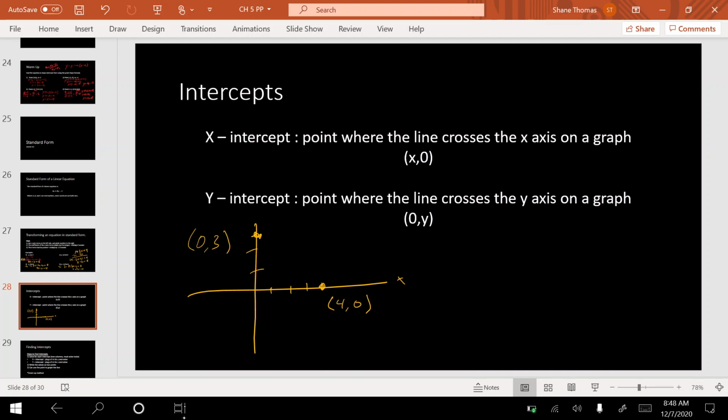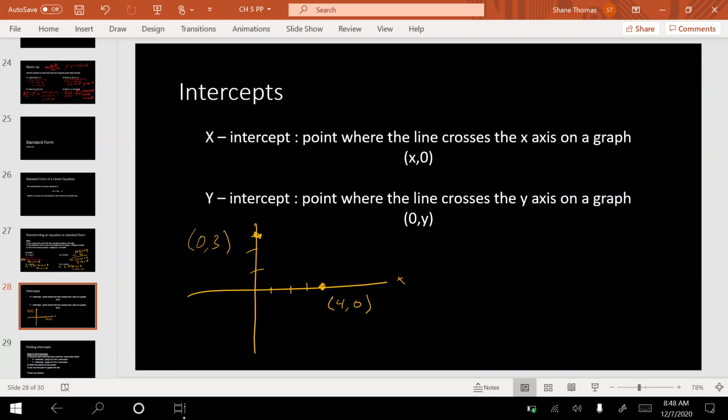If it's y, you have a 0 for x. Keep that in mind when we're going forward. The nicest thing about standard form is we can find our intercepts pretty quick. This is kind of the standard spot to do it at.